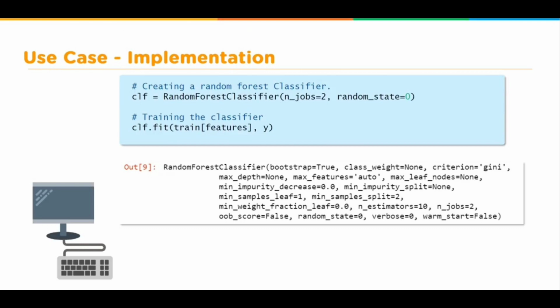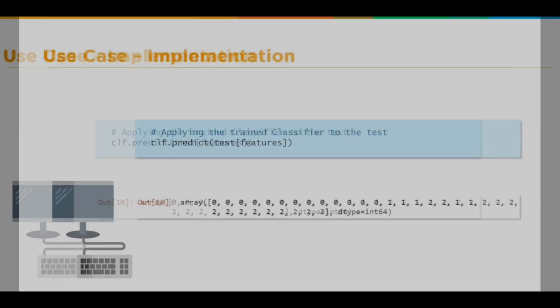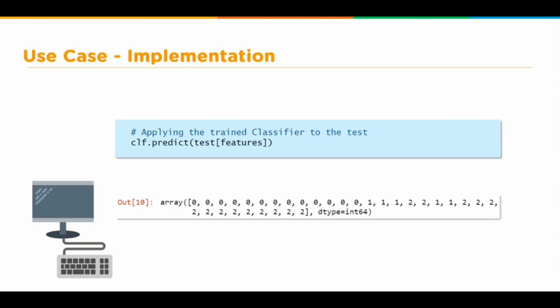It will give the output RandomForestClassifier with bootstrap equal to True, class_weight equal to None and so on. Applying the trained classifier to the test. clf.predict(test[features]). It will give the output array of 0, 0 and so on, 1, 1 and 2, 2 and so on, dtype equal to int64.